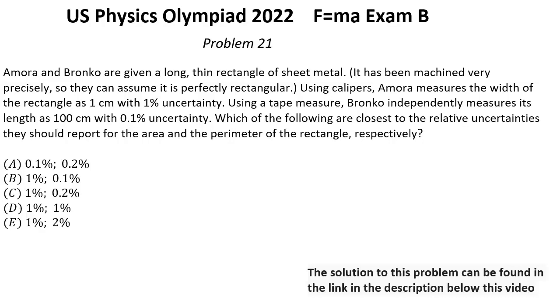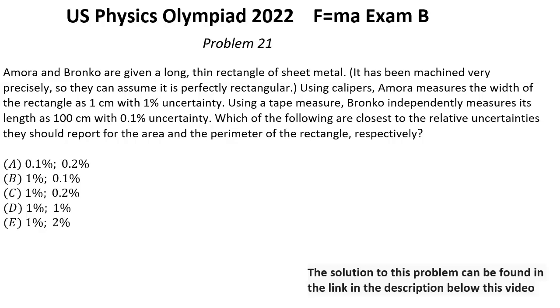Problem number 21. Amora and Bronco are given a long, thin rectangle of sheet metal. It has been machined very precisely, so they can assume it is perfectly rectangular. Using calipers, Amora measures the width of the rectangle as 1 centimeter with a 1% uncertainty.